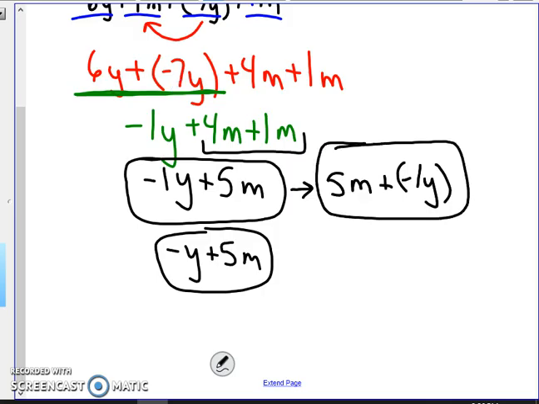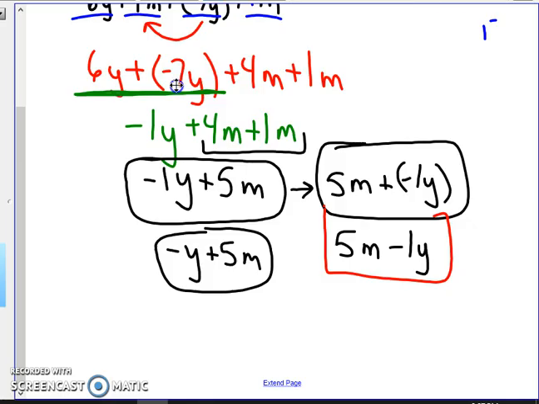Another option is 5m minus 1y, and if you think about it, that's the same as what's above it, because plus a negative is minus. There might be a couple more ways, but those are probably the 4 most common ways you would see this one written.